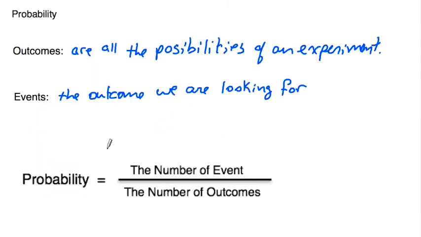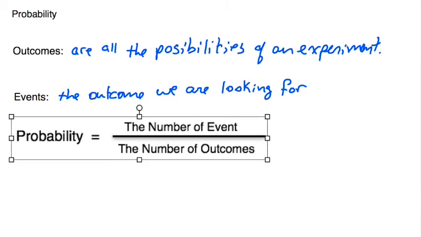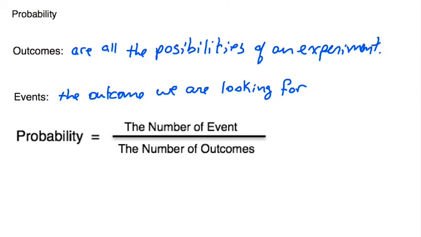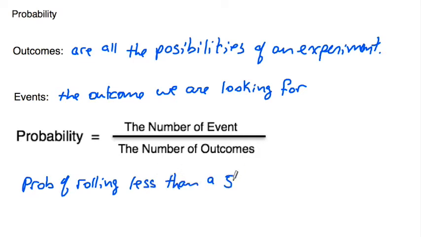Alright, so when we're using this formula, number of events divided by the number of outcomes, we can take that die one and say, well, I want to know the probability of rolling less than a 5. So when we're talking about this, it would become the probability of the event I'm interested in, rolling less than a 5.